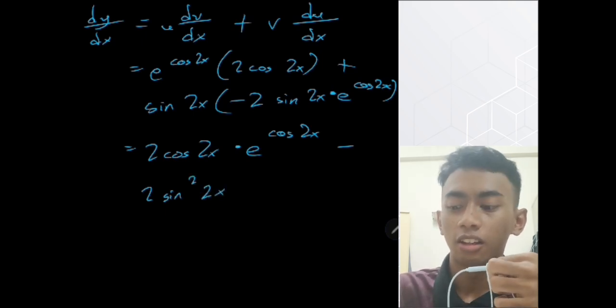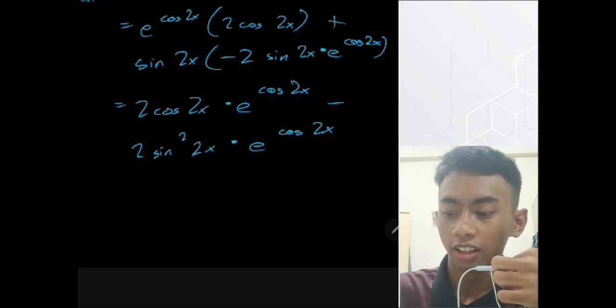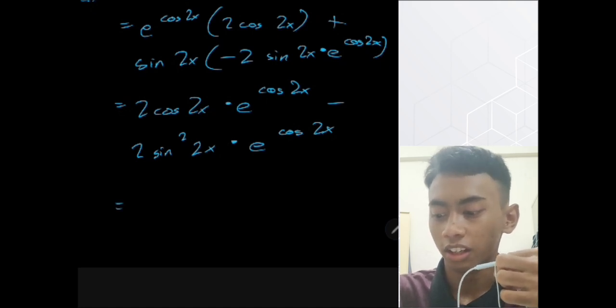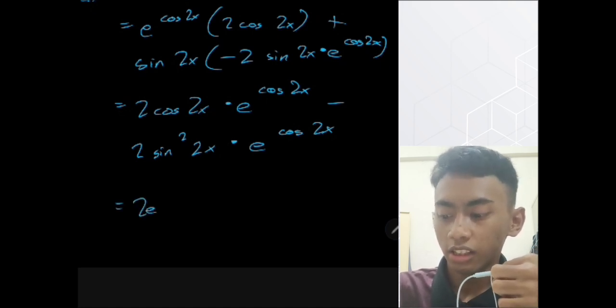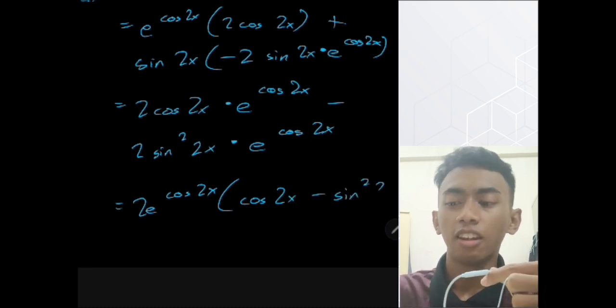So if you can see, there's 2 and e to the power of cos 2x in both of the terms. So we can simplify this and make it 2e to the power of cos 2x, multiplied by cos 2x minus sin squared 2x. Next, we'll be moving to the next question.